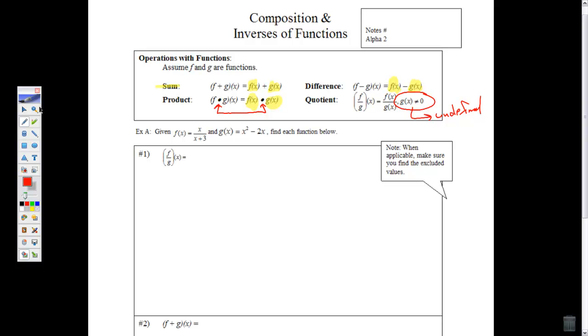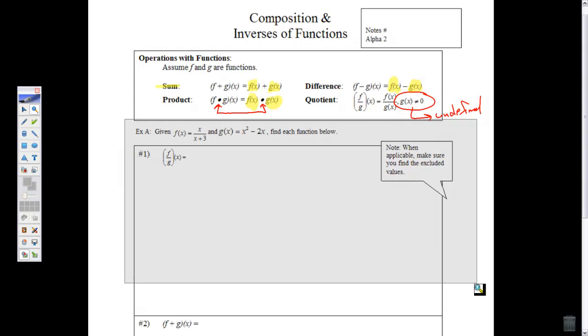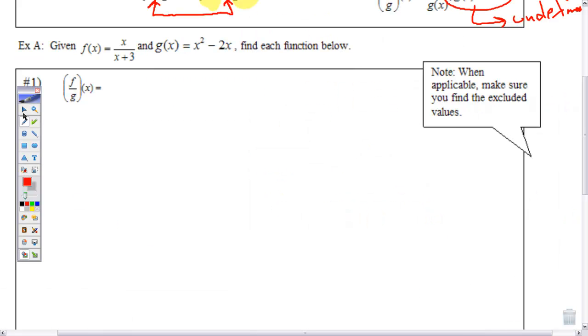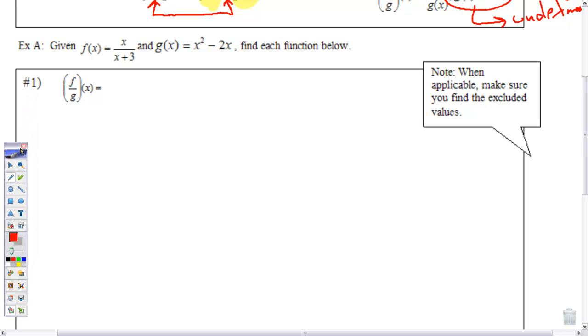Given that f of x equals x divided by x plus 3, and g of x is x squared minus 2x, find each function below. Please note the note: if it applies, find the excluded values.